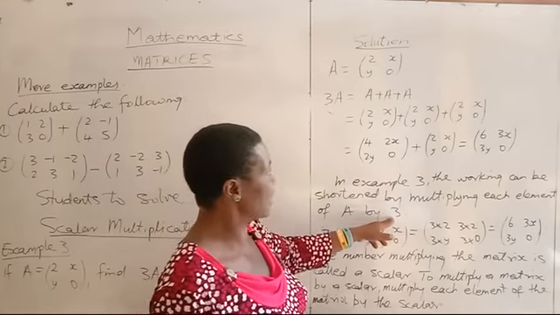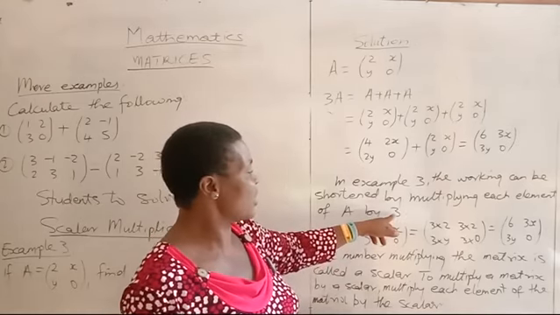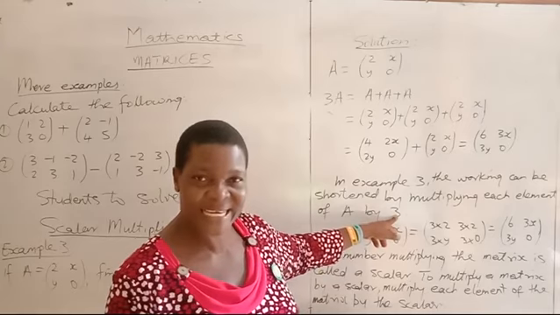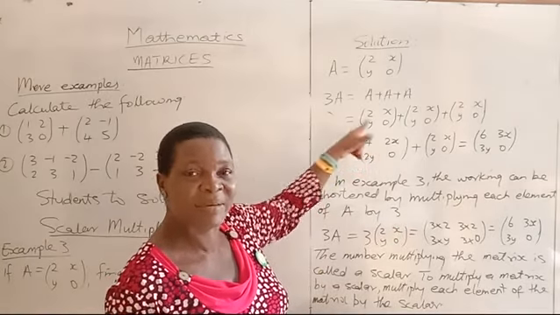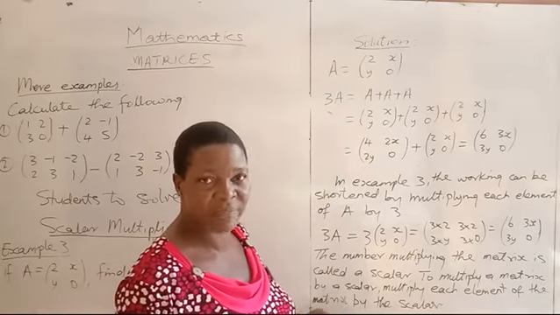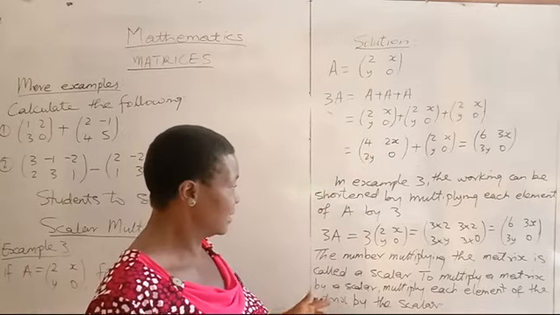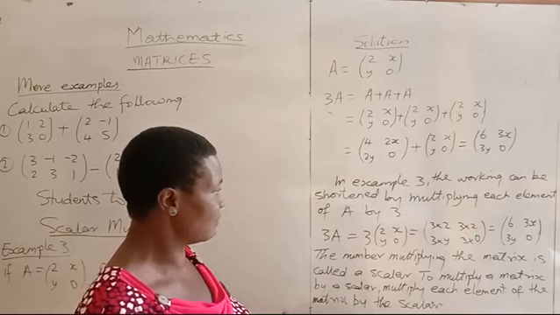When we say expand, it simply means you are using this 3, which is a scalar, to multiply term by term, element by element of the given matrix. And that is the short way of doing it.